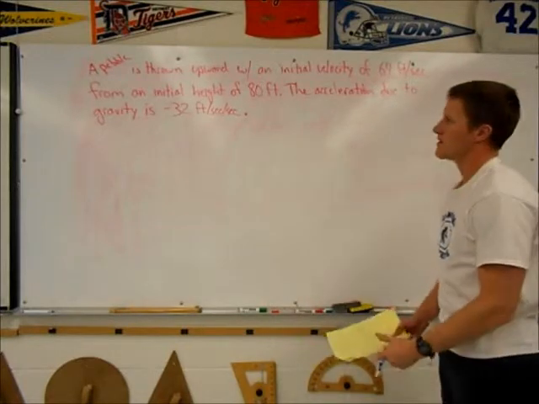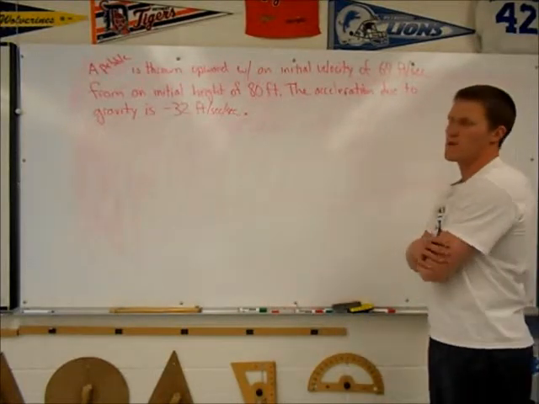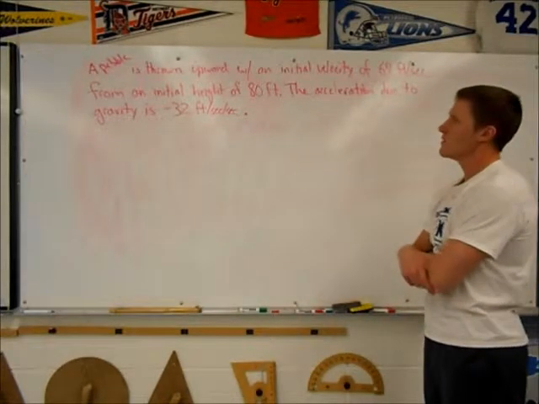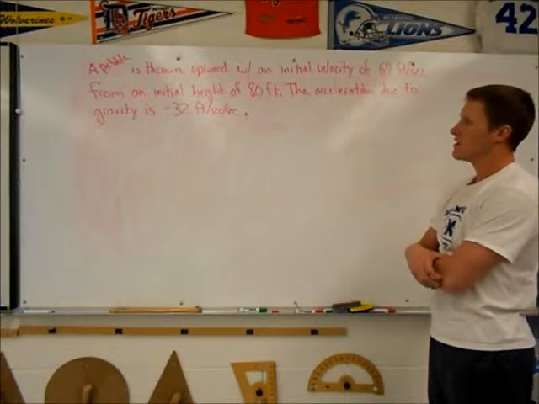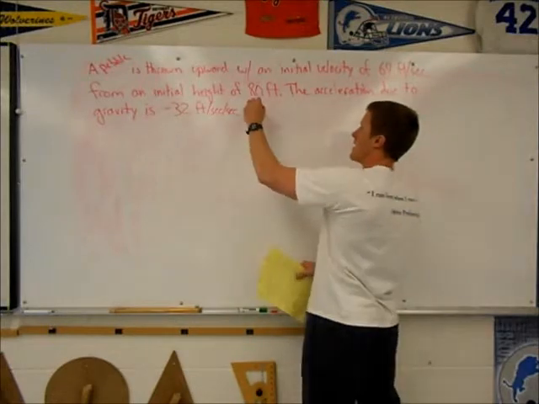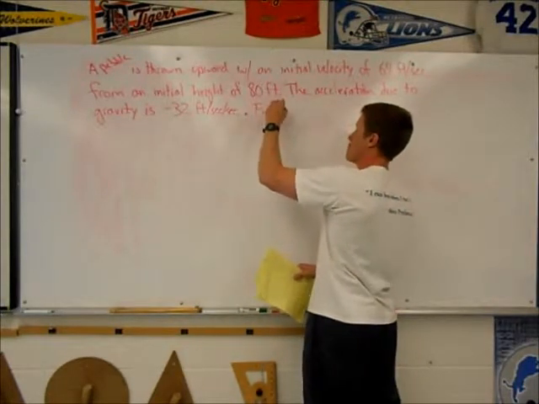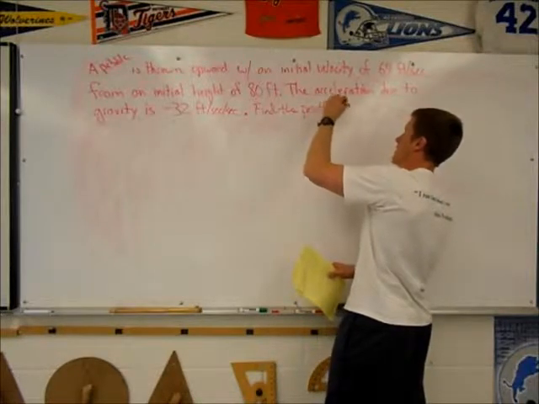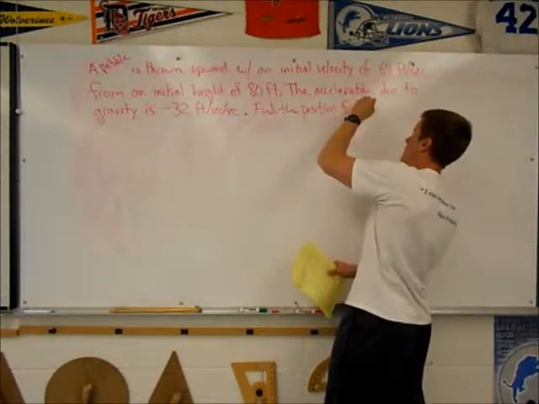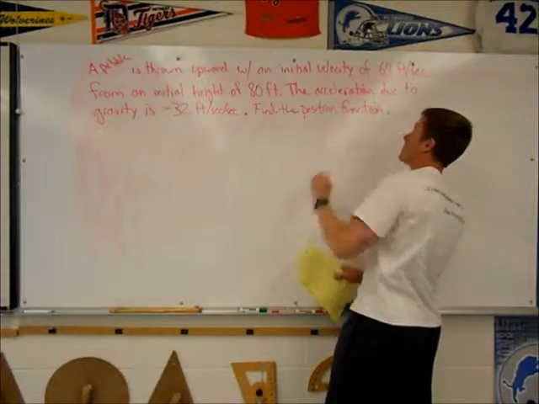We'll stick in English units just for the purpose that everything's an integer. We could do the same problem in converting to meters. What we want to do is find the position function of the pebble.